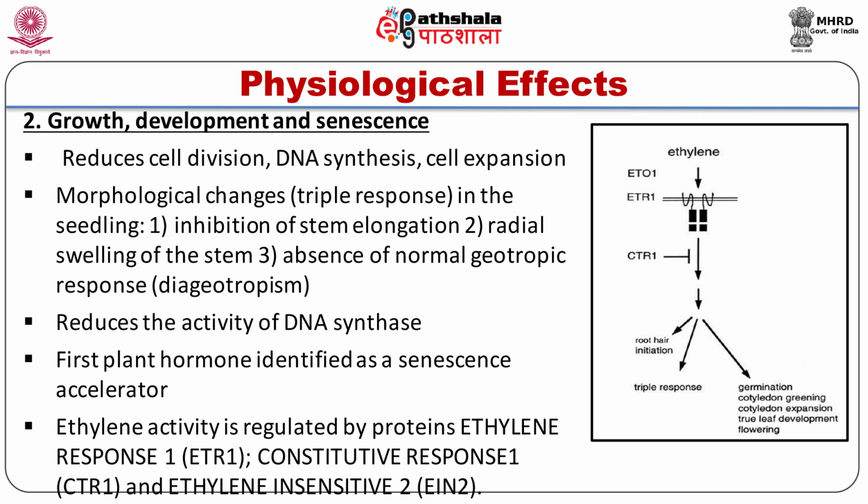Number 1, inhibition of stem elongation; 2, radial swelling of the stem; and 3, absence of normal geotropic response, that is diageotropism. Ethylene also reduces the activity of DNA synthase, therefore DNA synthesis is inhibited. Interestingly, ethylene was the first plant hormone identified as a senescence accelerator.